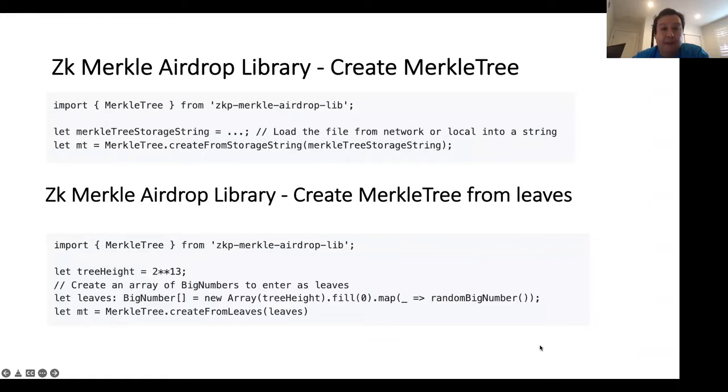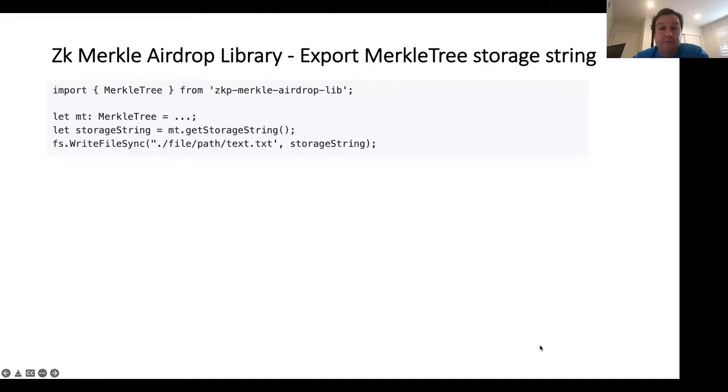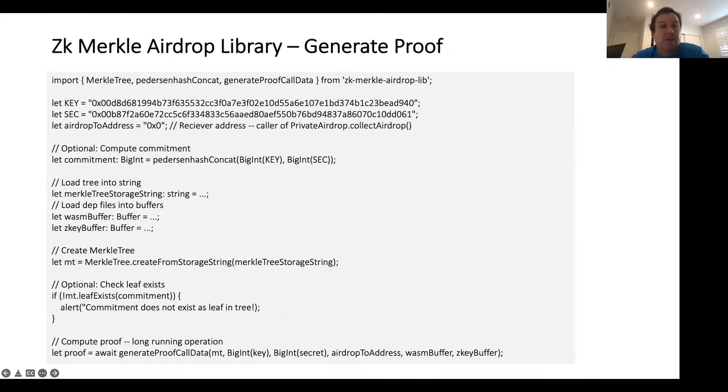And a little about the code. Basically, it uses the Merkle Airdrop library, and it helps you create a Merkle tree. It has all the functionality there, so then you can generate the proof.